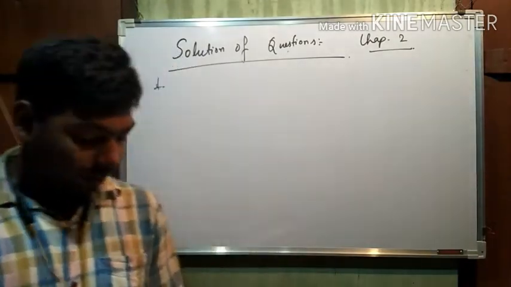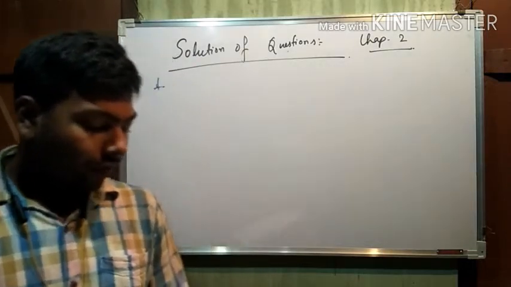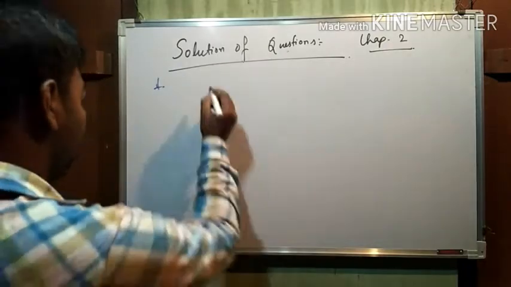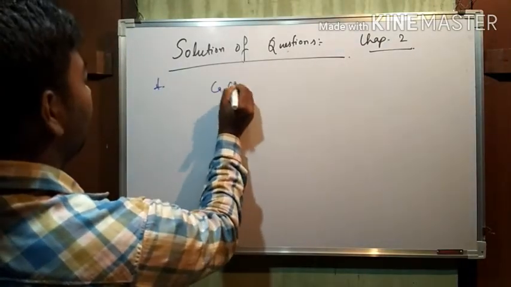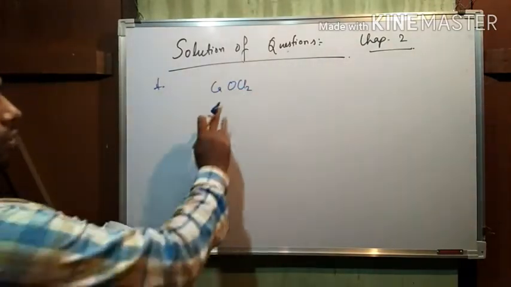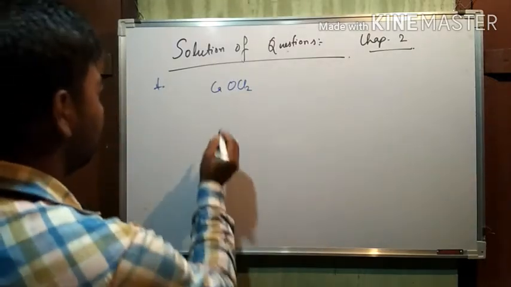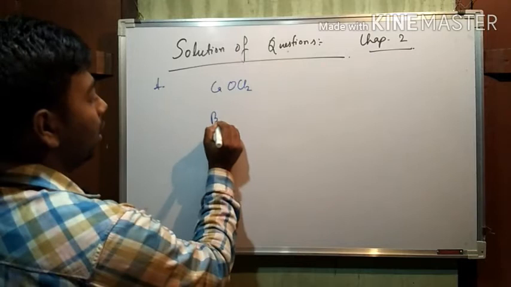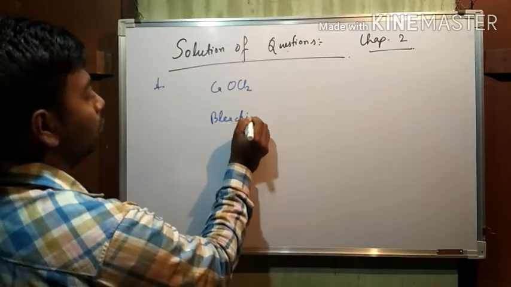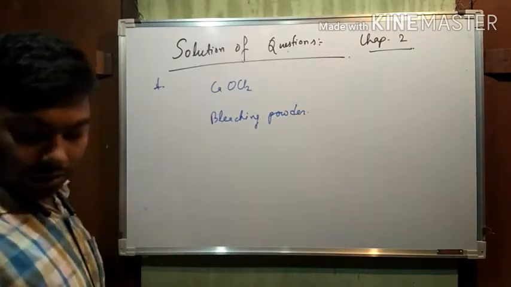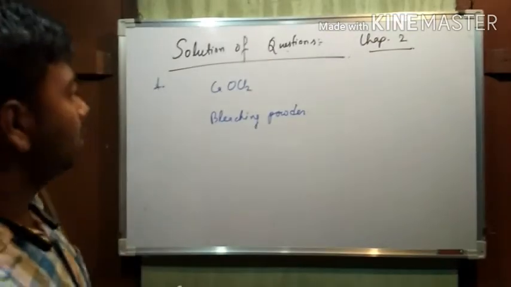The question is, what is the common name of the compound CaOCl2? The common name is bleaching powder. Written, no?